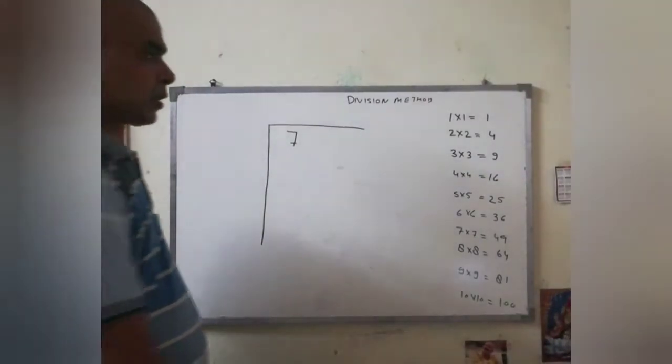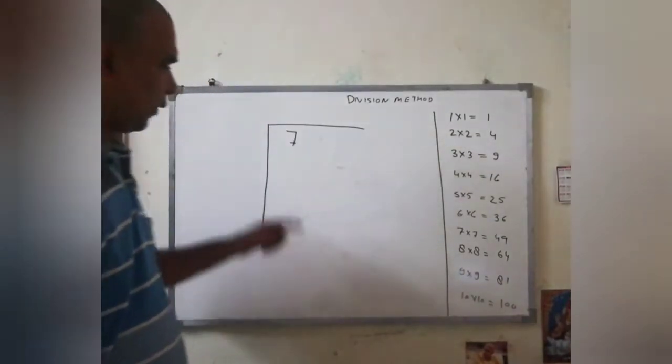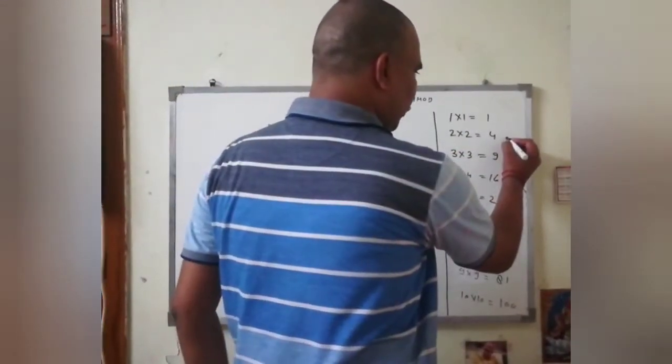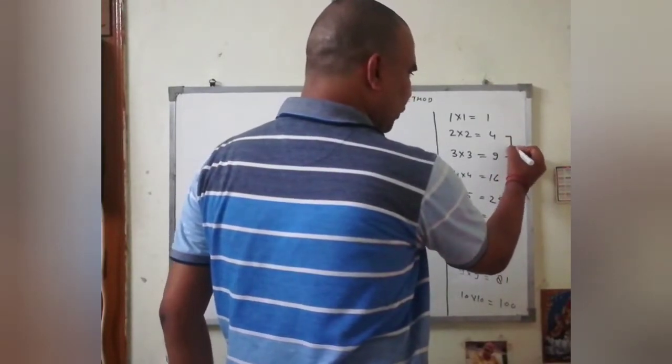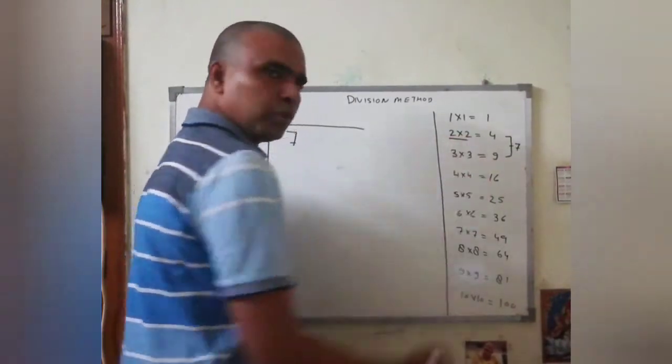Now we will use this table. So 7 comes between 4 and 9. So we will take this pair, 2 and 2.